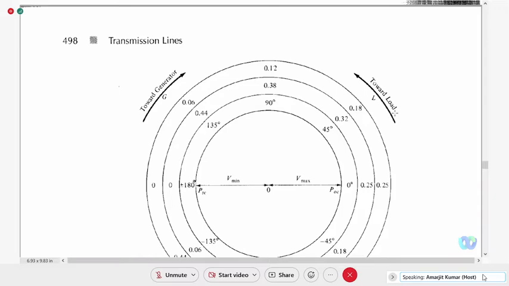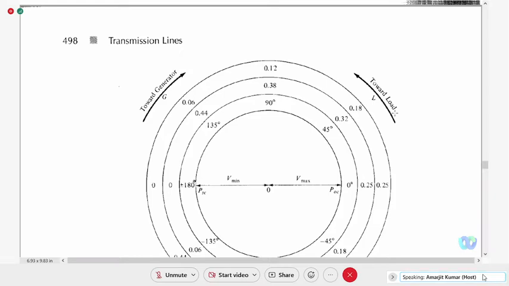Now suppose we are at the load and we make a counterclockwise movement. What does that mean? Can anybody tell? We are at the load, and counterclockwise movement means moving toward the load.